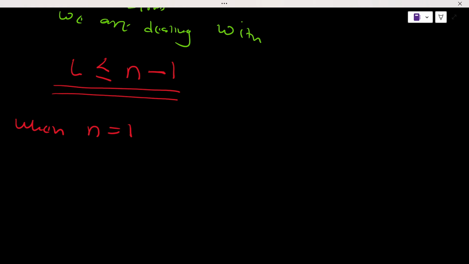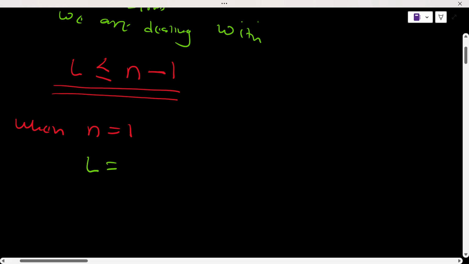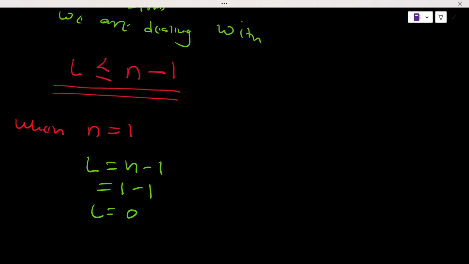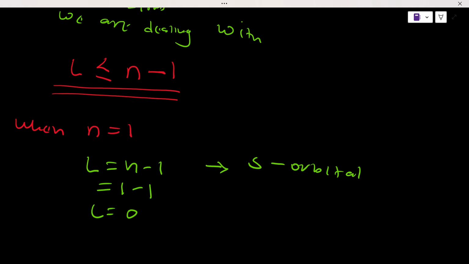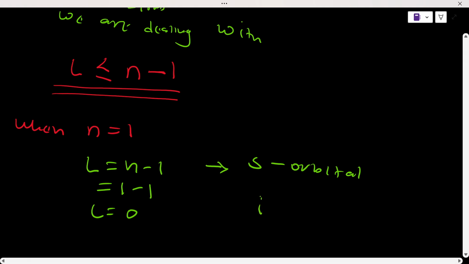If we follow the relationship where L is going to be n minus 1, we are going to have 1 minus 1, so L is going to be 0. This means that the orbital in question here is s orbital. So in terms of electron arrangement, we are dealing with a 1s orbital.